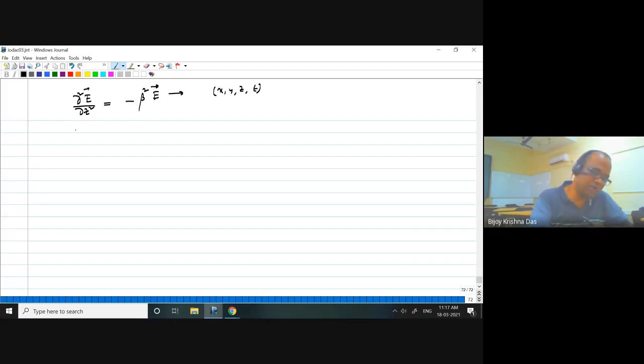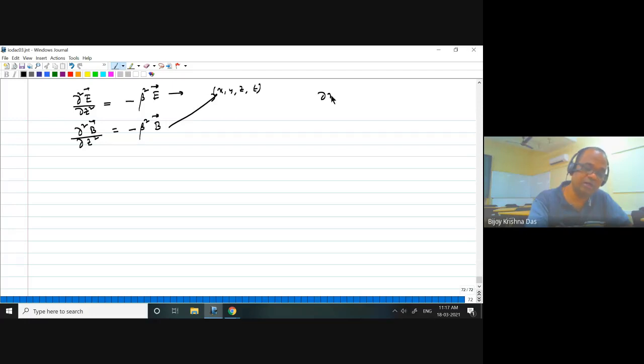So similarly, if I try to find del squared B, whatever component exists for the same mode, that will also be equal to minus beta square B, right? That also can be a function of this thing. Now one more thing, you will come to know why I am writing this.